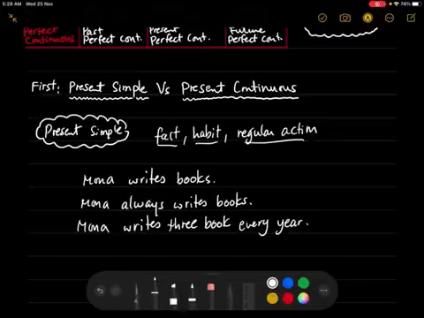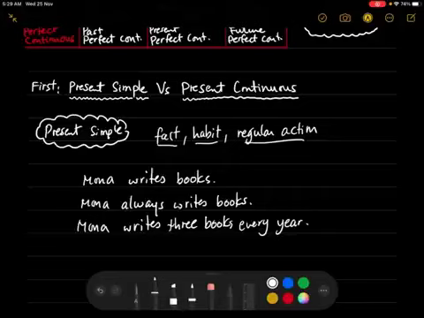When I say Mona writes books, so Mona wrote books in the past, and Mona is writing books in the present, and Mona will continue writing books in the future. Also, when we say Mona always writes books, or Mona writes 3 books every year, that's in the past, and that's in the present, and that's in the future.